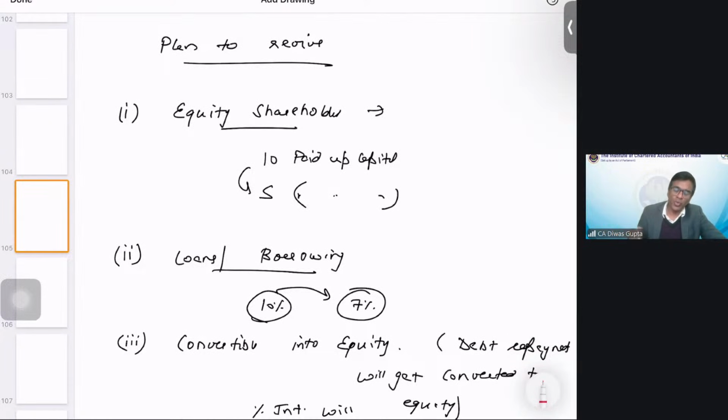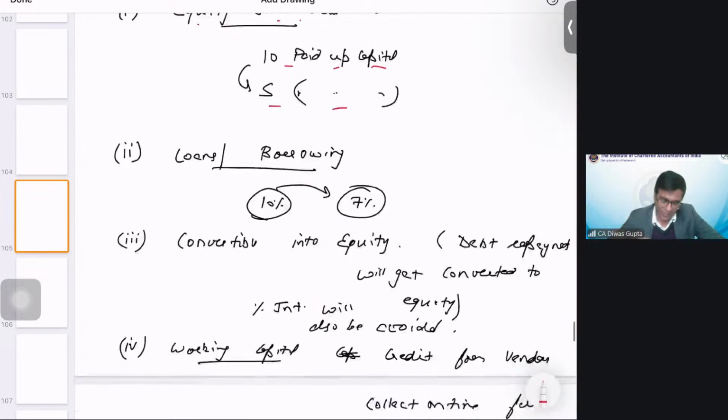It can be revived through, let's say, shareholders. We tell them that you had 10 rupees paid up share capital. Now it is reduced to 5 rupees, right? So the balance 5 rupees we have utilized to write off the losses, for example. Second, from the loans and borrowings standpoint, we tell them instead of 10%, now we will only pay you 7%. Okay, lower rate of interest.